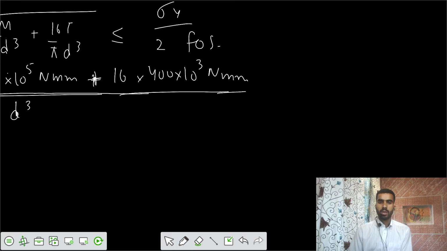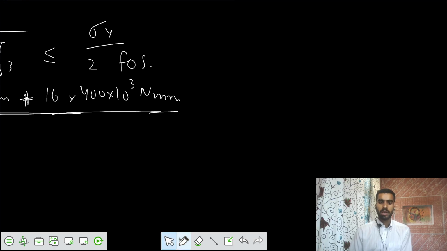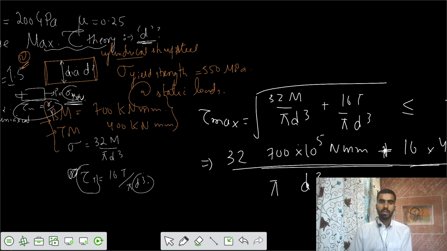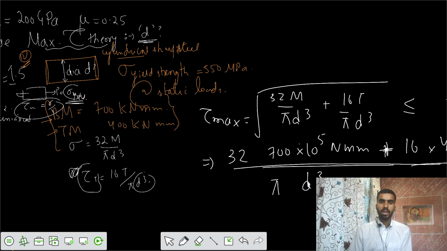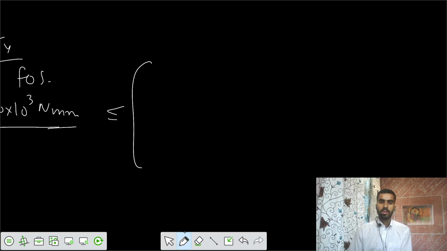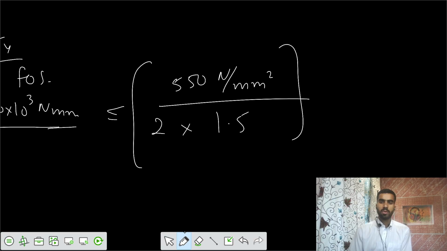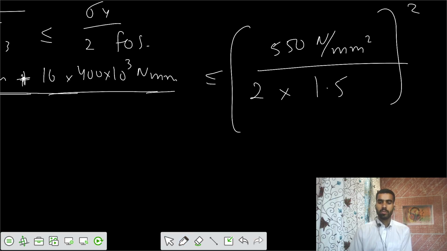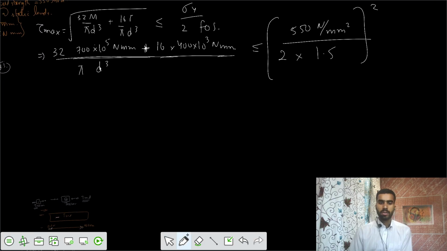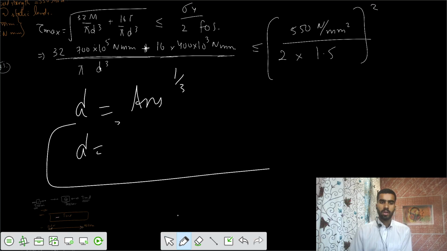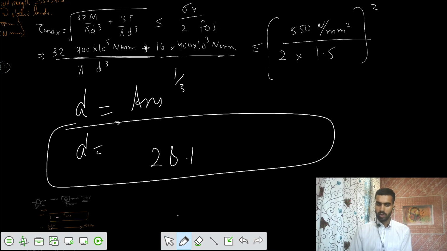This should be less than or equal to sigma yield, the yield strength in tensile testing, which is 550 megapascal, that is 550 newton per mm square. Sigma y by 2 into factor of safety was 1.5. You square it, solve it further, and you get the value of d cube, then take the inverse, and finally the diameter comes out to be 28.19 millimeter.